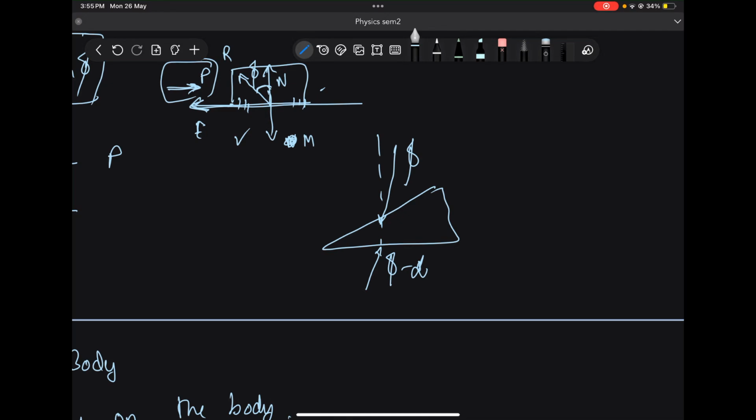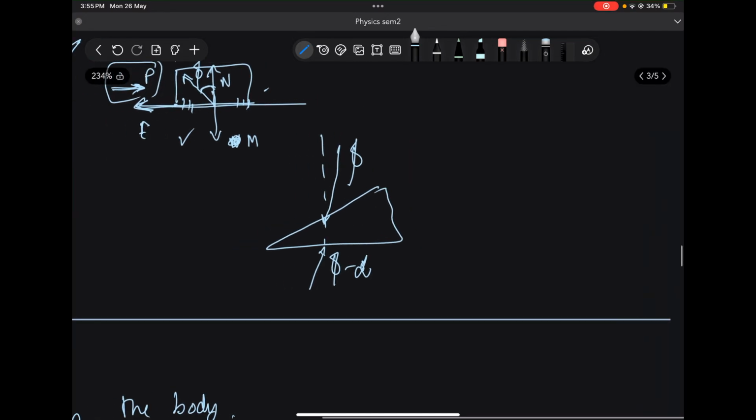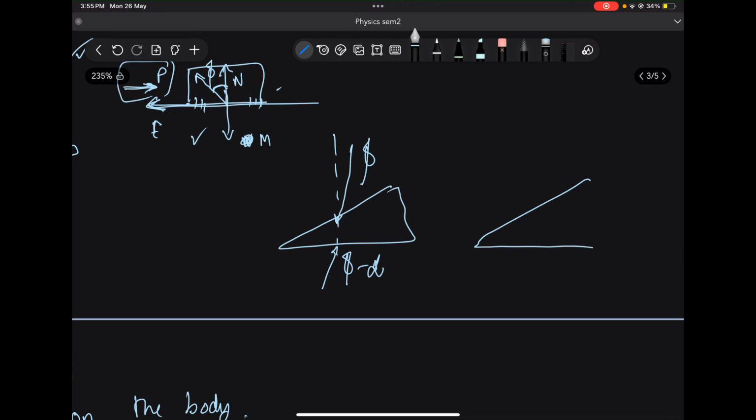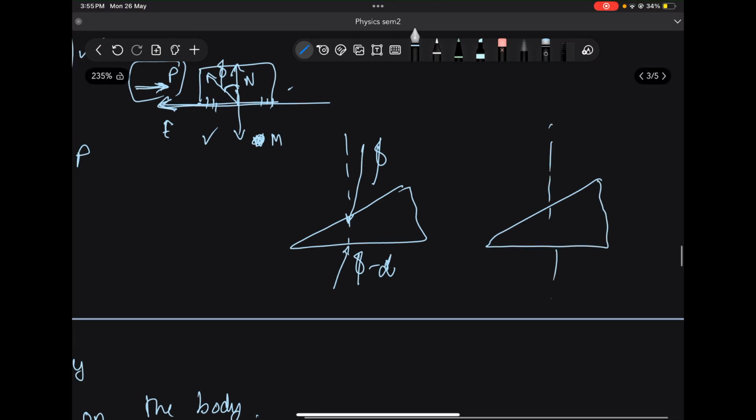Then if let's say the lower block was slipping, so the lower block face was starting to slip, then this angle has changed to some angle, let's say alpha, and this remains at some phi. So these are the two conditions.